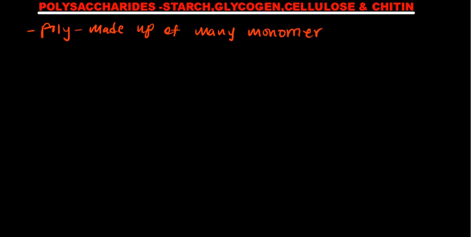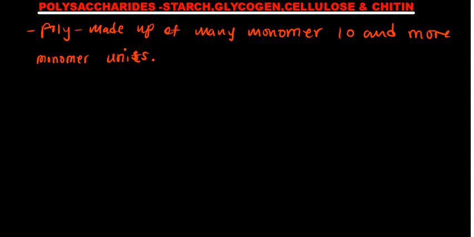Polysaccharides, from the word poly, this means that they are made up of many monomers, and these monomers have to be 10 and more monomer units.